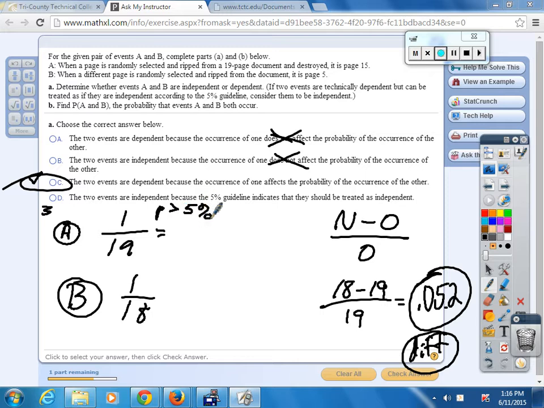And what if it was 0.042? If it was 0.042, then it would be independent, which would throw you either in this problem or it would put it up here. One of these.